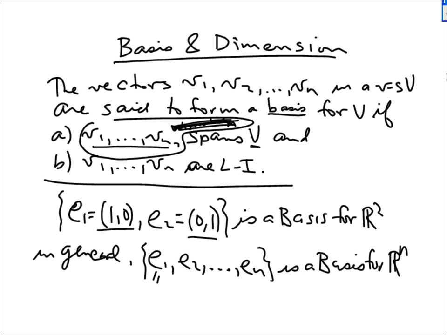Remember, e1 will be 1 and then a lot of zeros, n entries in all, and e2 would be 0 and then a 1 in the second position and a lot of zeros, and eventually en will be a lot of zeros at the beginning, and the nth position will be a 1. These vectors span Rn and they're linearly independent. Hence, it's a basis for Rn.